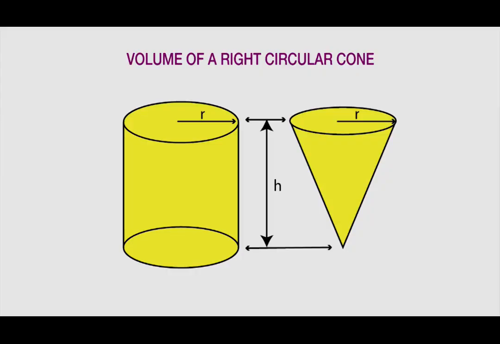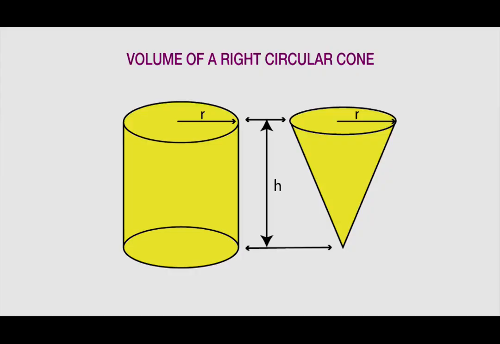The derivation of the formula for a cone is actually above the scope of this lesson. However, there is a simple activity that can help us know the formula easily based on our knowledge about the volume of a cylinder.